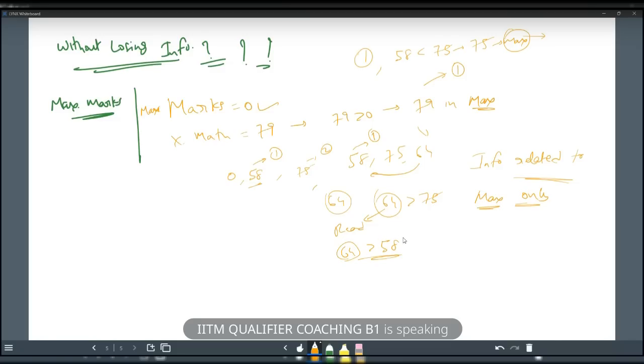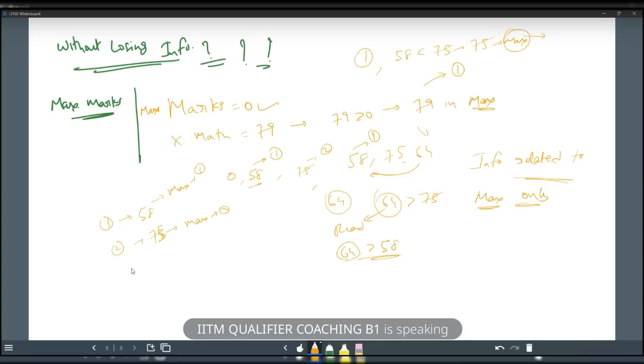The reason behind not considering 64 in our records is that card number 1, which holds the value 58, was the first value of max, so we need to note down its information, and the second card had 75, right? So we need to store it in the max information as well.